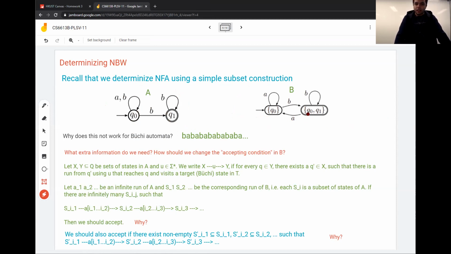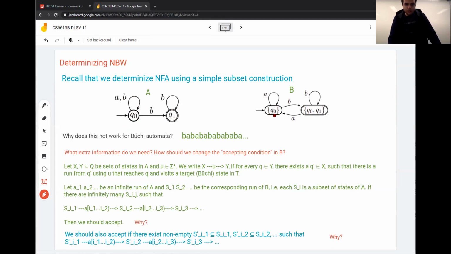So, for example, from a state that is Q0 and Q1, if I see A, I just look at my original automaton. I see that with Q0, A, I can go back to Q0. With Q1, A, I cannot go anywhere. So if I'm in one of the states in Q0 and Q1, and I take one step with A, I know that I'm in one of the states here, which is just Q0.